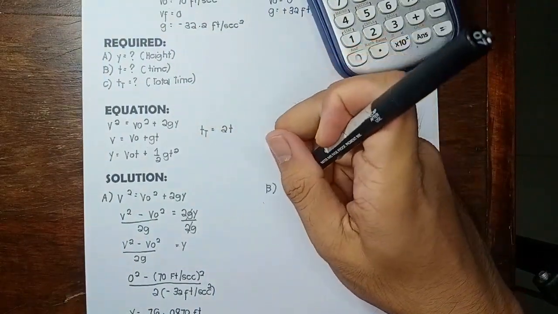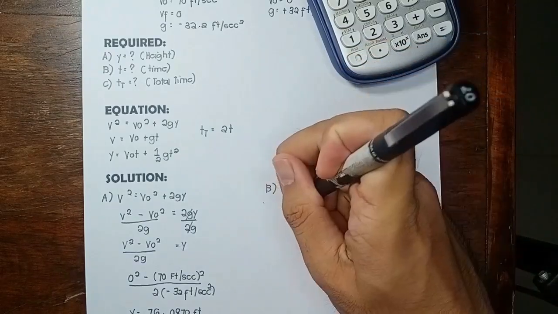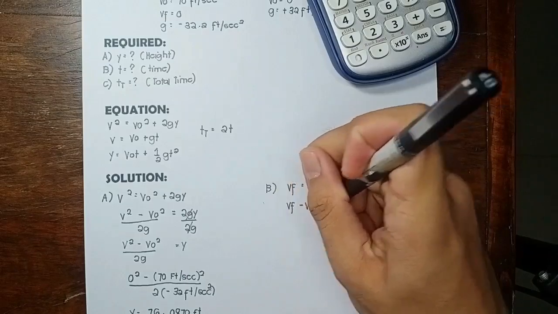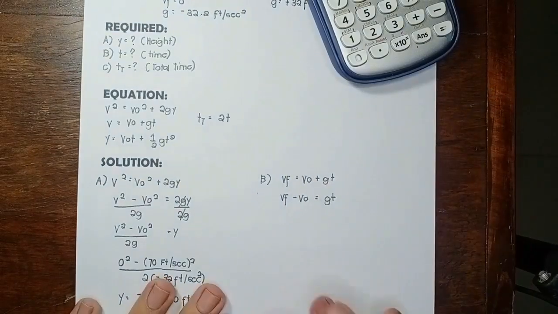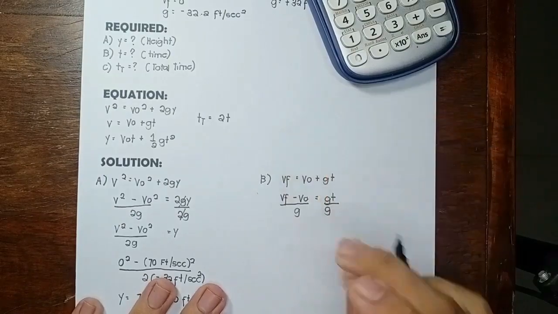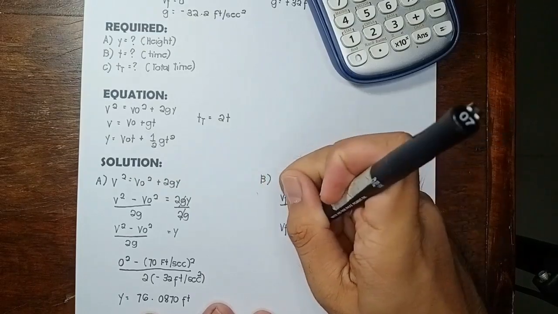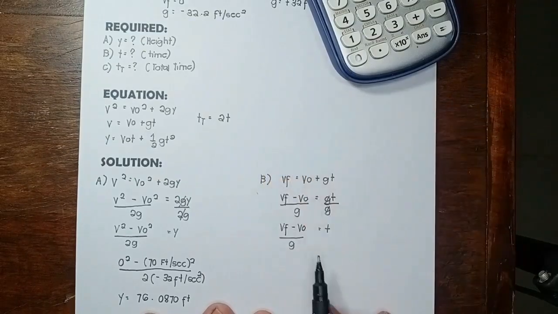For letter B, we're going to use the second formula. V is equal to v0 plus gt. Again, we're going to manipulate the formula since we're trying to find the time. So we're going to use t is equal to v minus v0 over g.